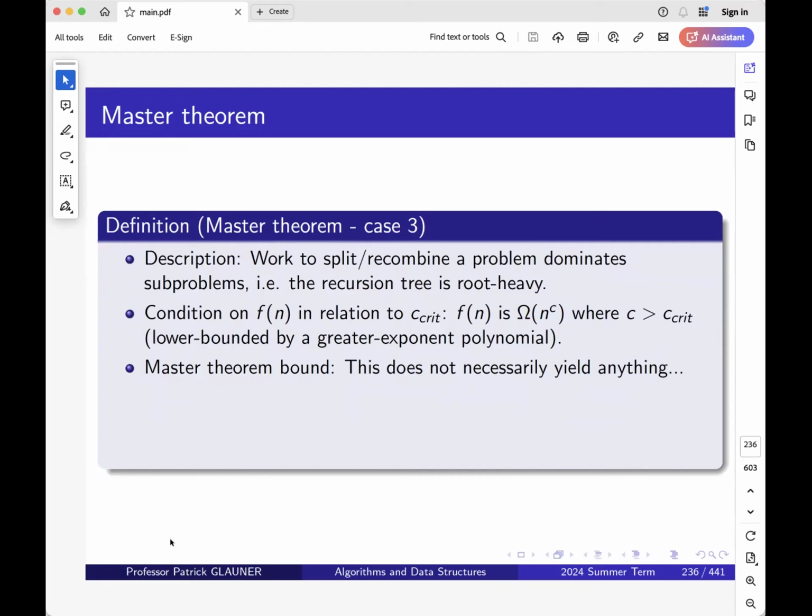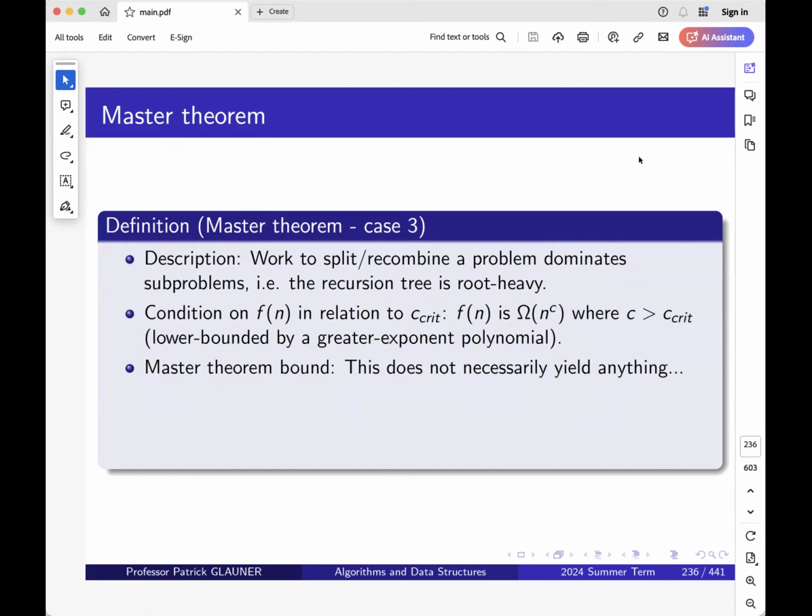So we could now condition on f of n in relation to c critical. We can say f of n is omega of n to the power of c, where c is greater than the critical exponent. So it's lower bounded by the greater exponent polynomial.